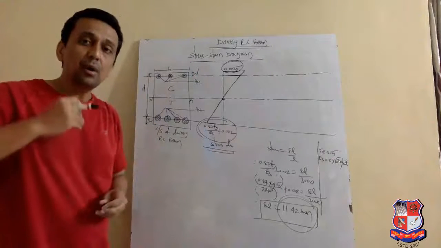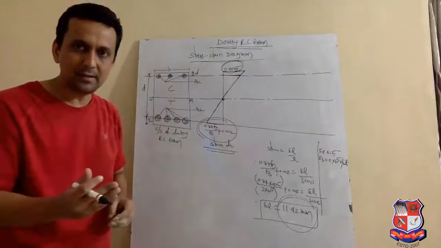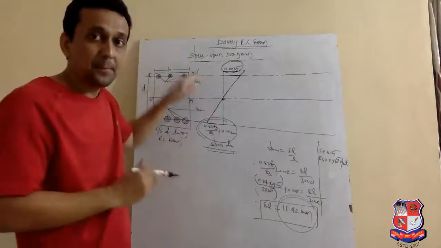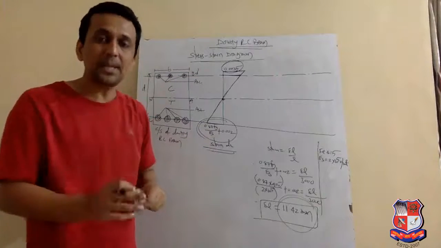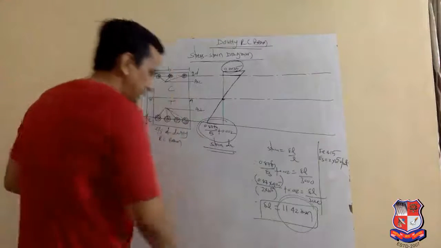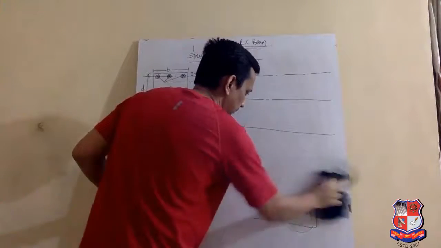If you want to know how much strain there will be at the distance of d dash, means at the place of compression steel, we can find that using the triangle rule.